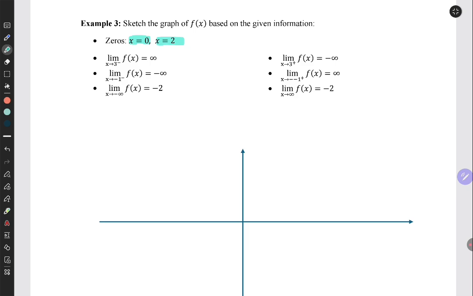They are x-intercepts. So whatever you draw, you're going to cross the x-axis somewhere at 0 and 2. And that is the only 2 places you're going to cross.